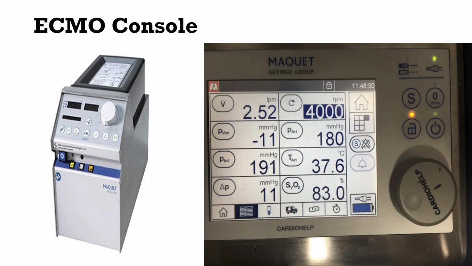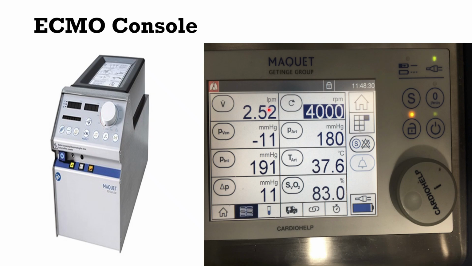In this photo, these are two types of ECMO console. The first one has the monitor in the front, and in the other the monitor is up. Here is the knob for changing the speed. The speed is fixed, set by the operator, and the flow is changeable.